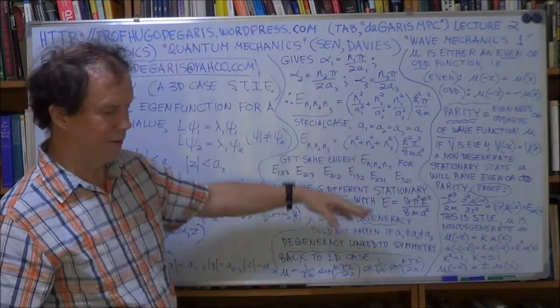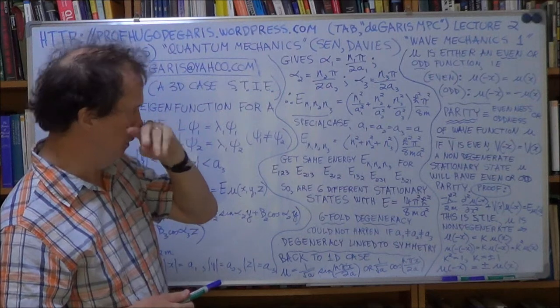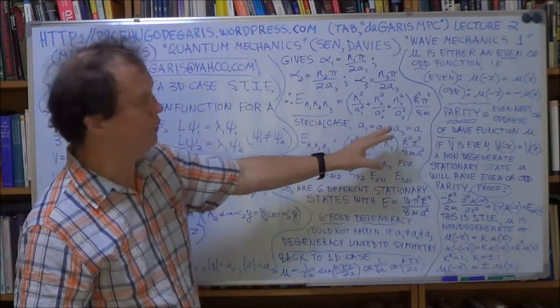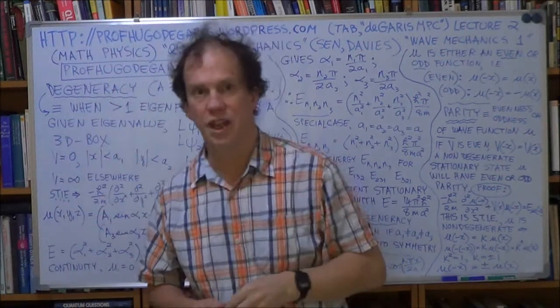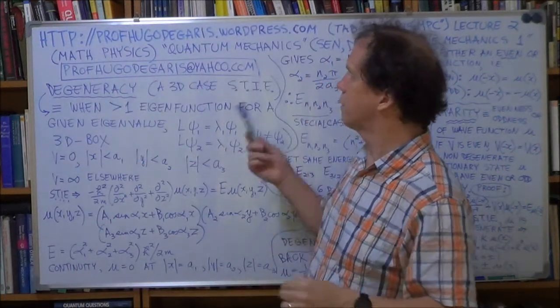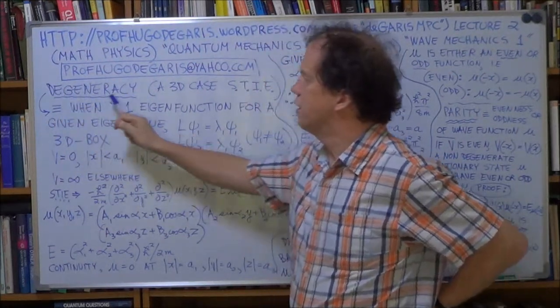Now, on this path, we pick up a concept that we'll use later that's useful, but because it's relevant to what's going on right now, I'll mention it. And the technical term for this new concept is called degeneracy, degenerate.